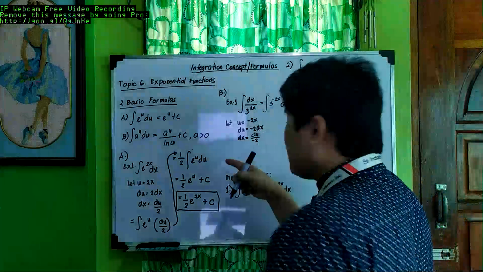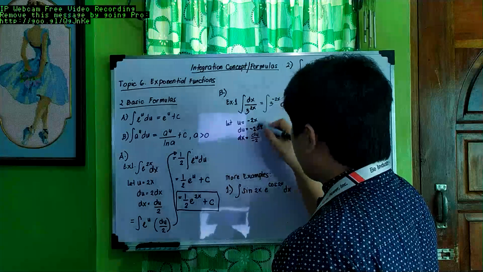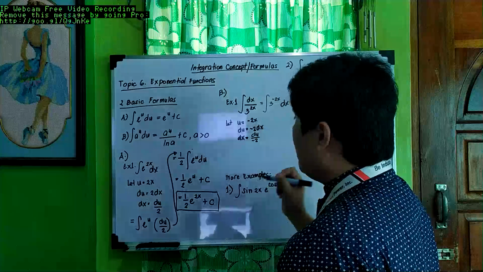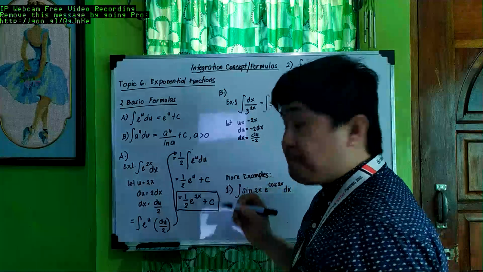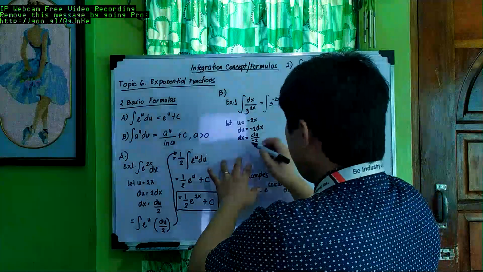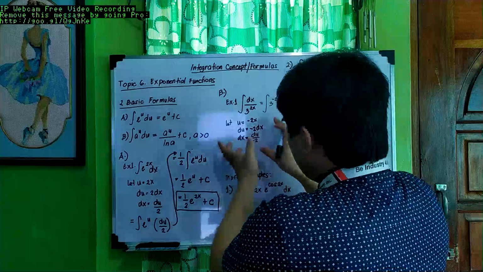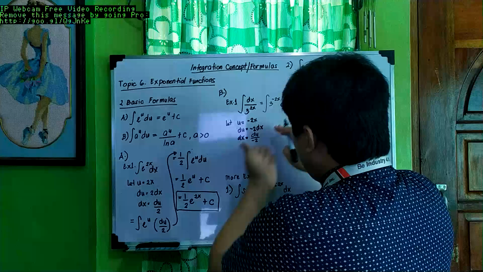We are just simply transposing those values beside your dx to the other side so that you could get your dx. From there, we need to substitute these values to the given.